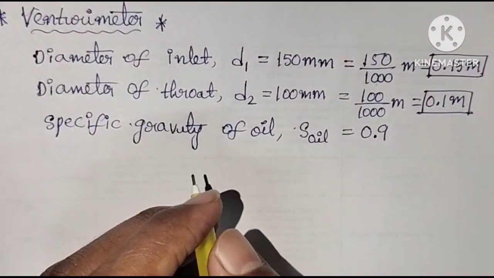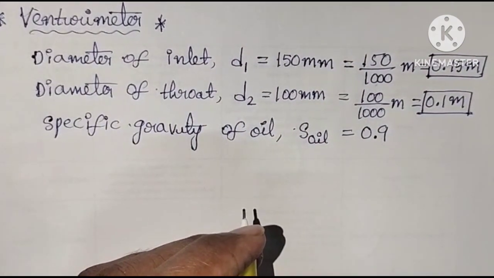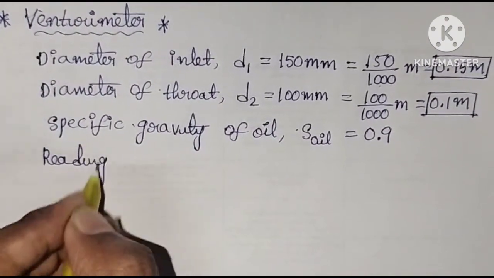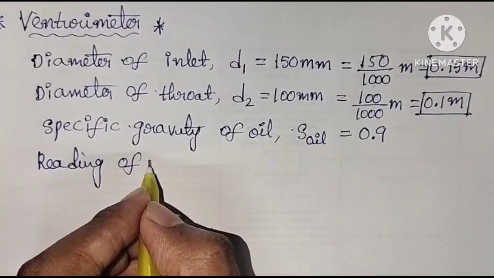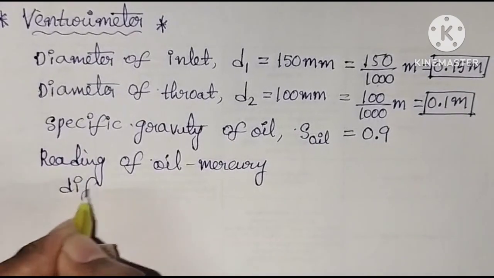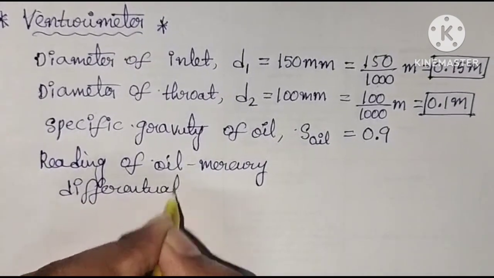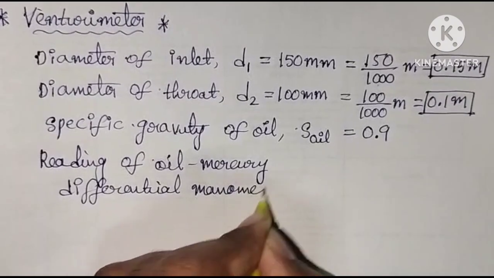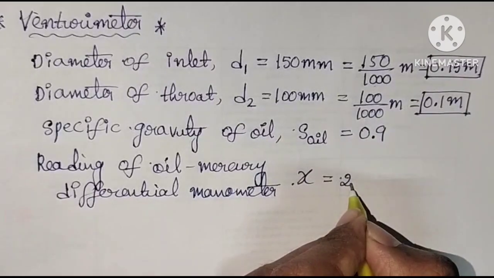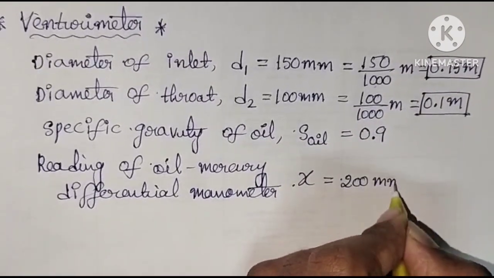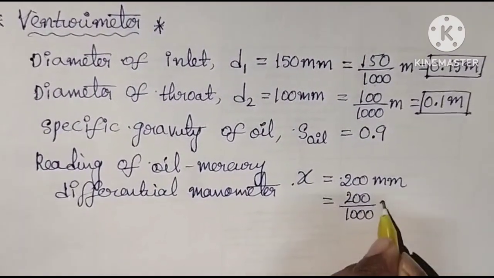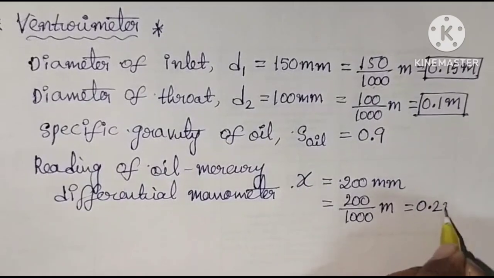The oil mercury differential manometer shows a gauge difference of 200 mm. So the reading of the oil mercury differential manometer, denoted by small x, is 200 mm. 200 mm means 200 by 1000 meters, 0.2 meters.